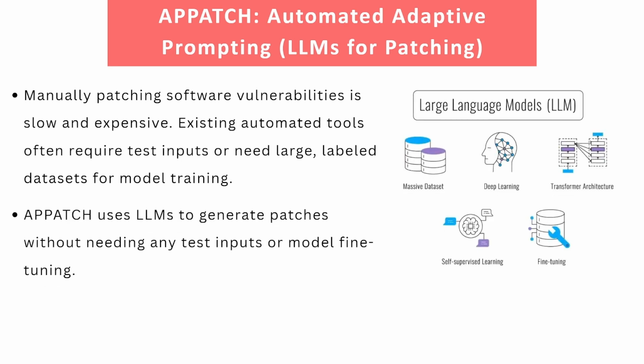And they propose a tool called APatch, which uses LLMs to generate patches, and it doesn't need any inputs or model fine-tuning. The way it works is it first uses semantics-aware scoping to identify small snippets of code, and then it uses dynamic prompting to guide the LLM to reason and generate the patch.